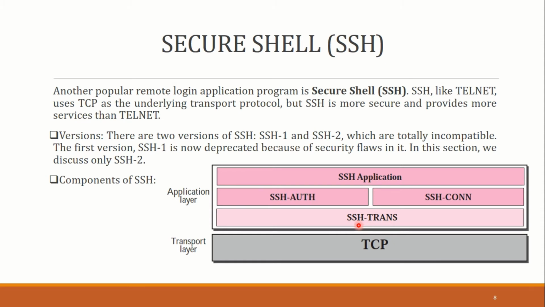Let's see. Now the SSH transport layer protocol, or SSH-TRANS, over here. Since TCP is not a secure transport layer protocol, SSH first uses a protocol that creates a secure channel on top of TCP. This new layer is an independent protocol referred to as SSH-TRANS, which is being depicted over here.